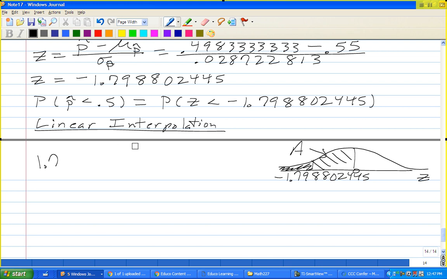So this will be 1.79 and this will be 1.8.